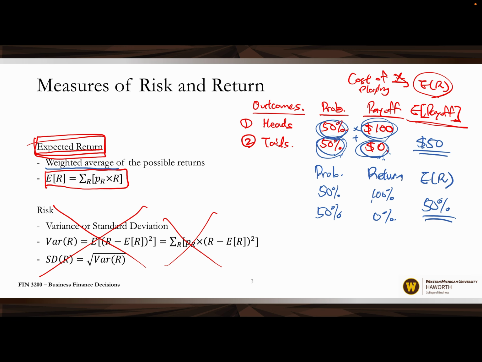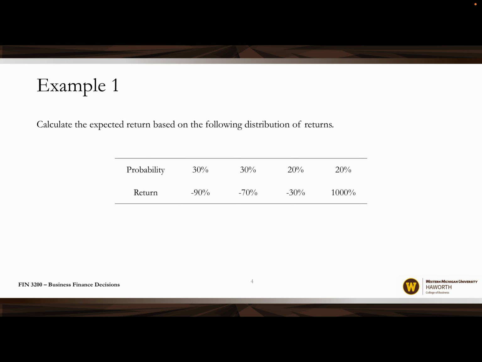So first we're going to use this formula, this concept, to do example 1. The solution is already posted. So we have the probability times the return plus probability times the return plus probability times return plus probability times return. That's the expected return.